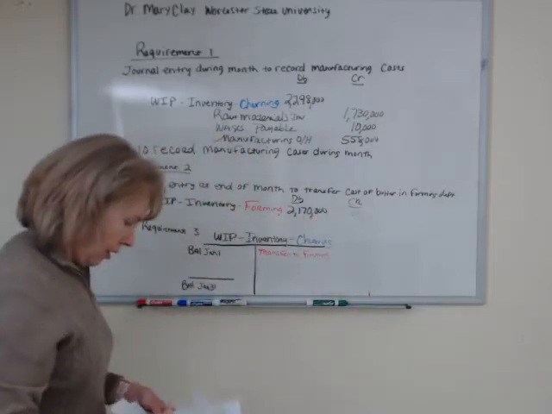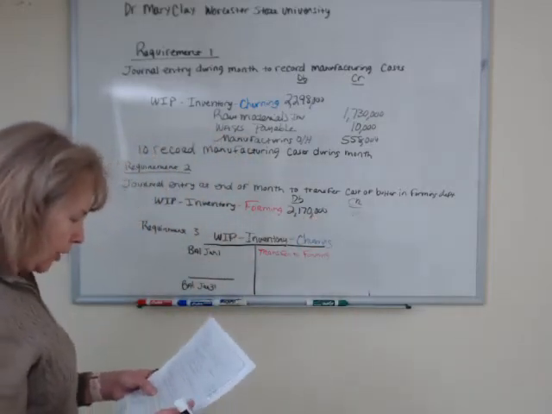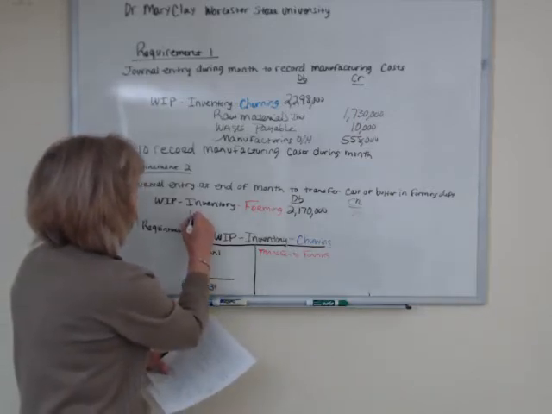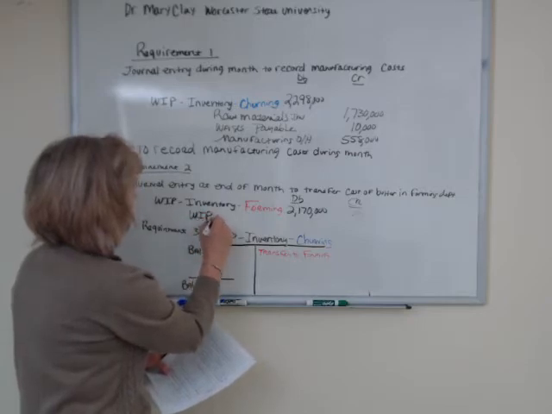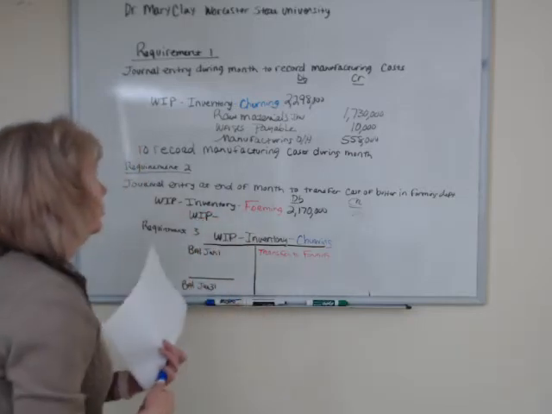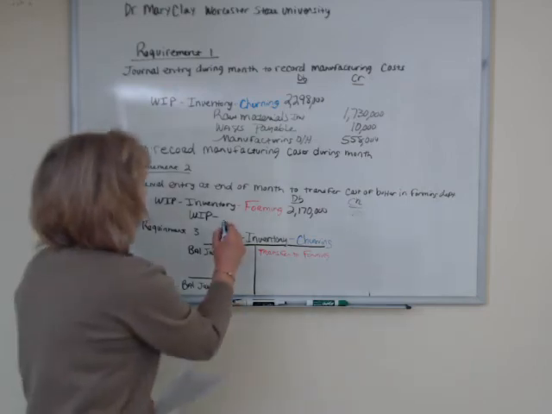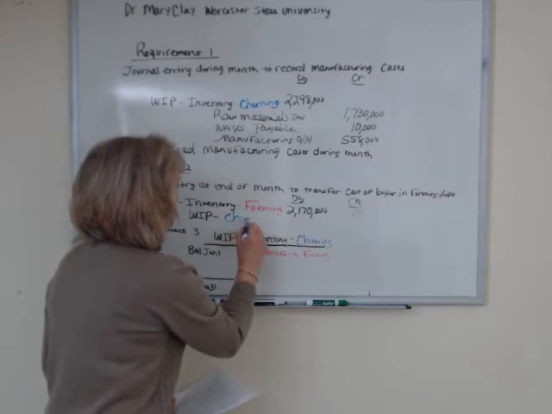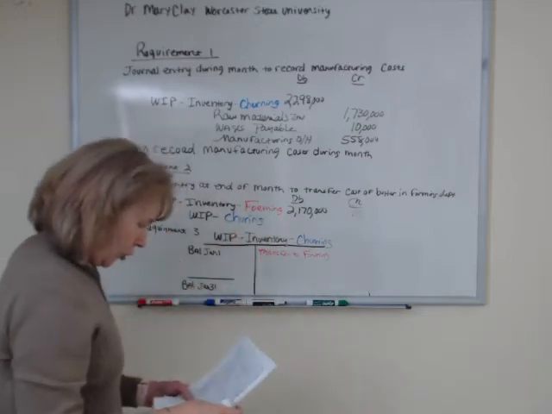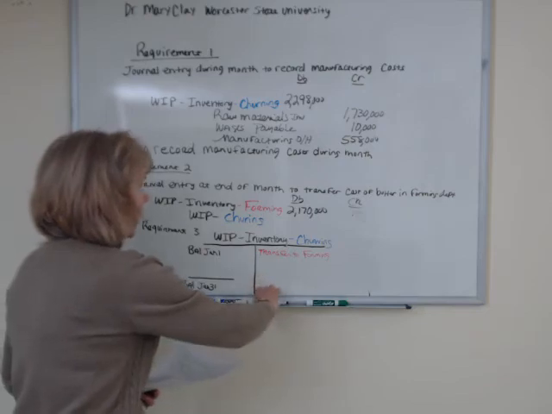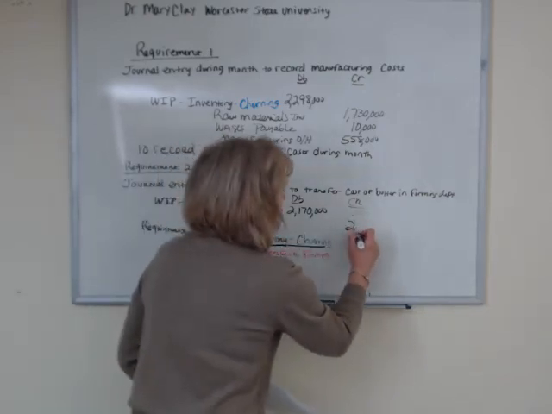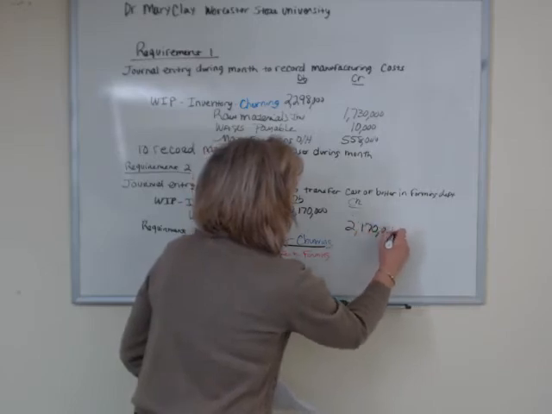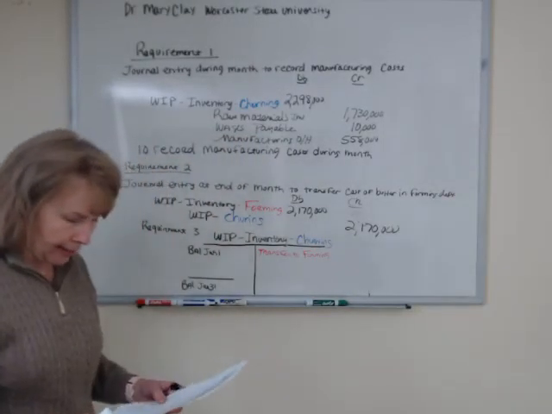Now we're going to go to work in process for churning. What you're doing here is crediting the churning department, taking it out of the churning department. So it's going from churning to forming. When you credit that, you're taking that out of that account.